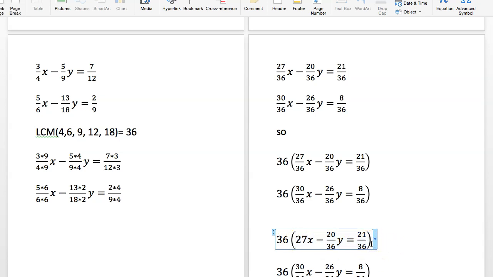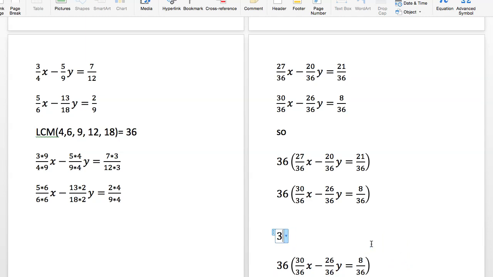Well, no, I ought not to be. So I got 27x minus 20y equals 21. And I've got, hey, I just got rid of everything, didn't it? Okay. And I got 30x minus 26y equals 8.